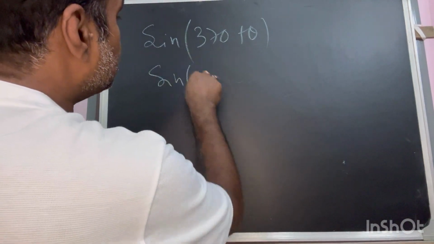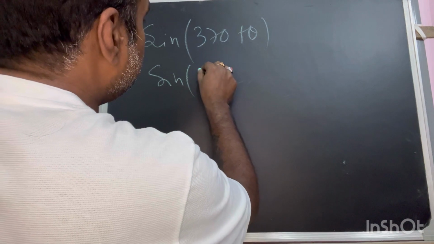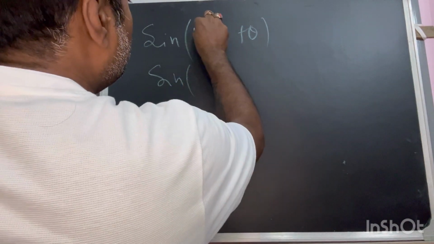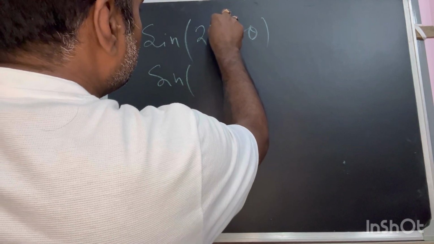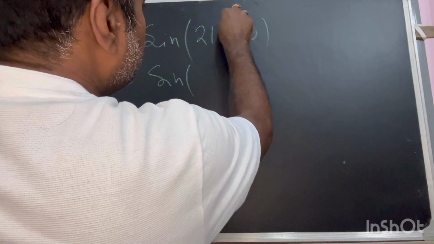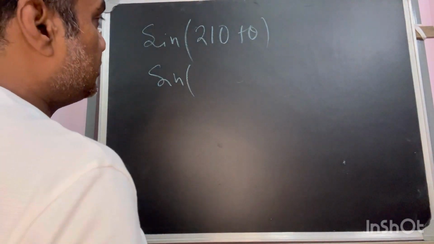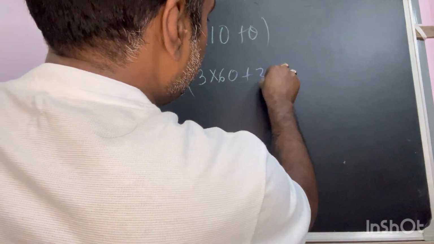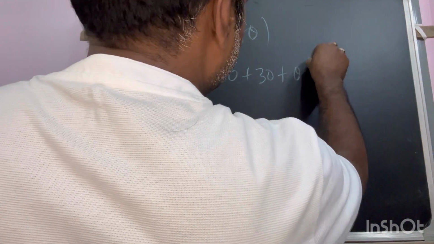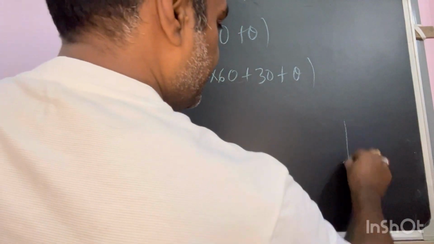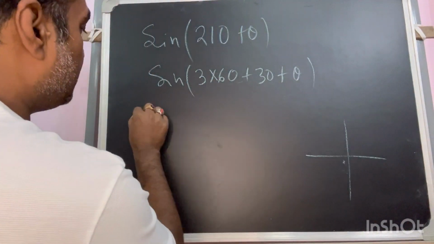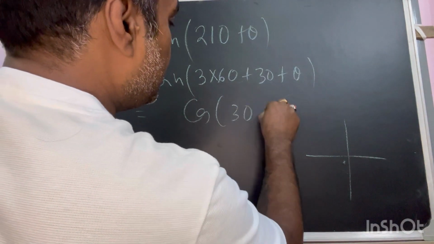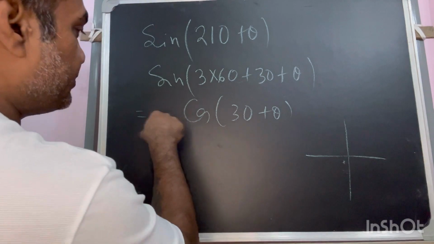So if it is, let's say, 210 plus this one, so this is 3 into 60 plus 30 plus theta. So now this is 3. So 3 will automatically change sine into cos. The angle I will write, only deciding is whether it is minus or plus.